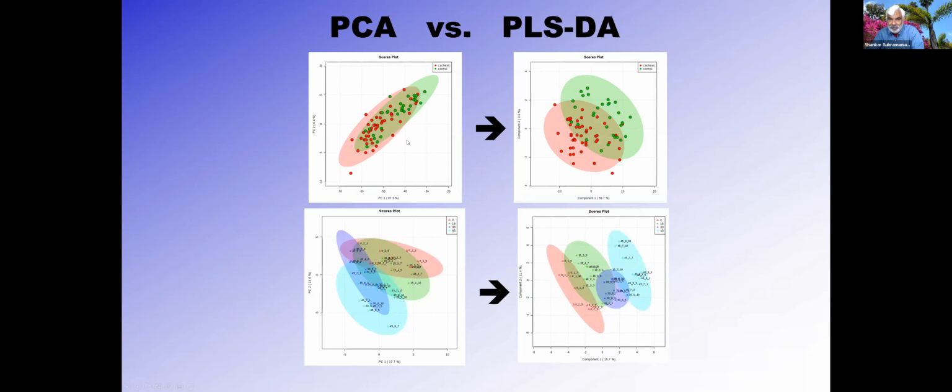I'll give you an example. This is my PCA plot. There's no clear separation. If I do a PLS, partial least squares DA plot, I see immediately there is some sort of separation between these things. Essentially, it uses the idea of covariance instead of the idea of variance. And I showed you what covariance is before.